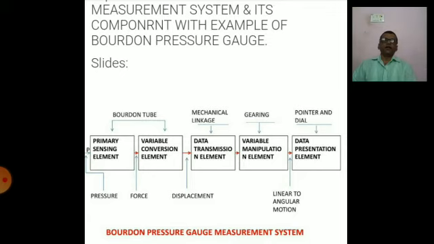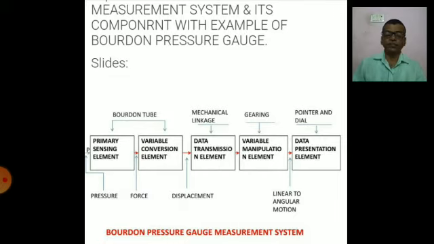Okay, now we will see how the generalized measurement system is applied to the Bourdon tube pressure gauge. First of all, we will see in short the generalized measurement system. An instrument may be defined as a device or a system which is designed to maintain a functional relationship between physical variables and must include ways of communication to the observer.